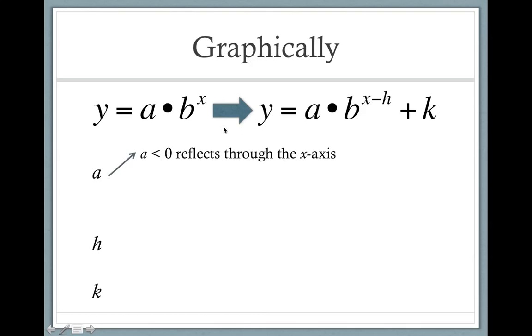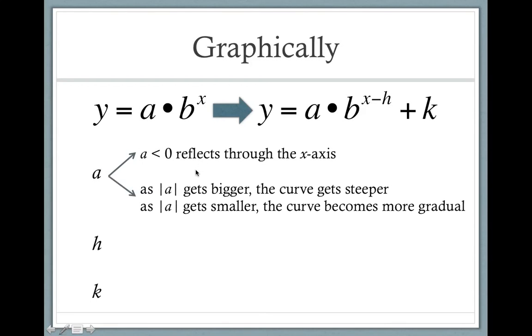Okay, so whatever the normal a b to the x would have been, if my a is negative, then that's going to be flipped around through the x-axis or reflected. Also, the a is going to give us some idea as to how steep or how gradual the curve is going to change. So the bigger the absolute value of a gets, the steeper the curve. The smaller the absolute value of a is, then the more gradual the curve.